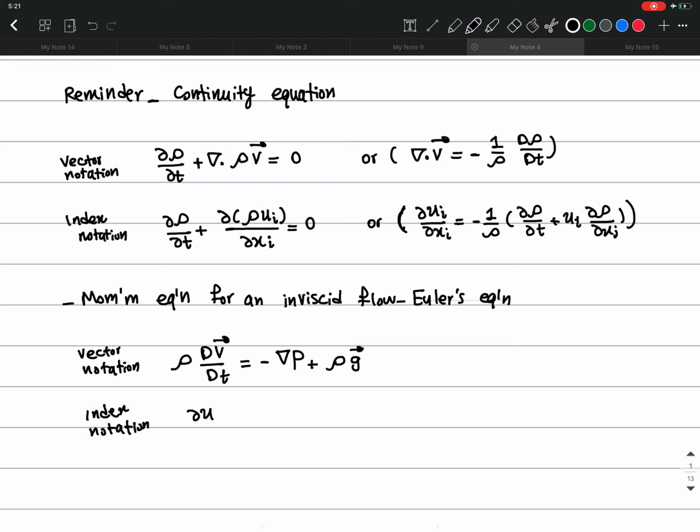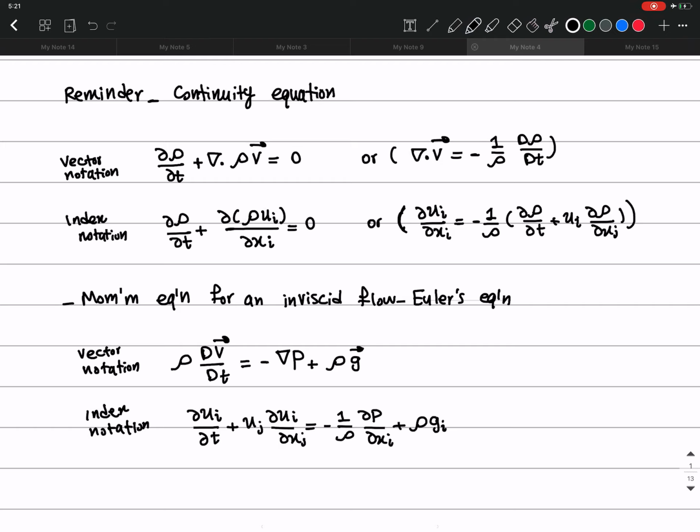So I get partial ui over partial t plus uj partial ui over partial xj equals minus 1 over rho partial p over partial xi plus gi.